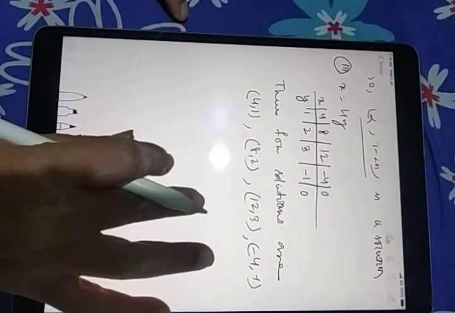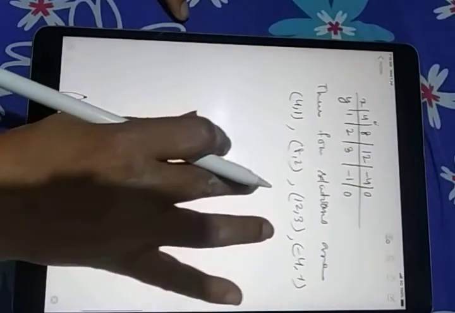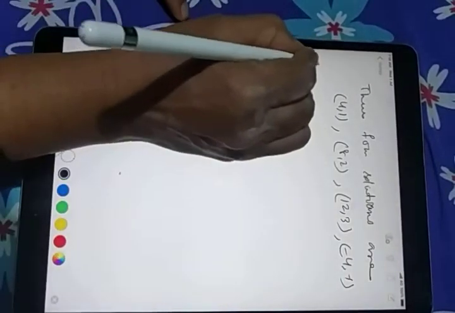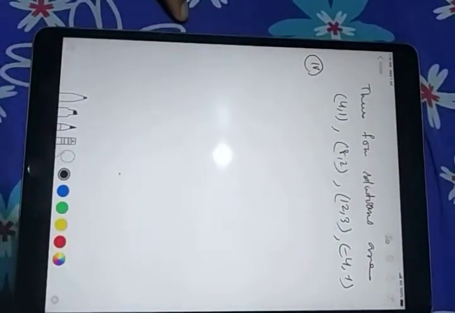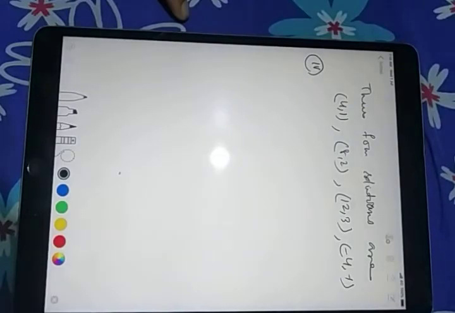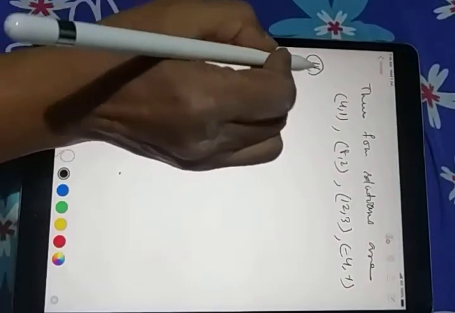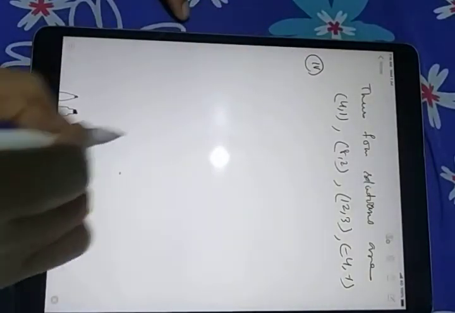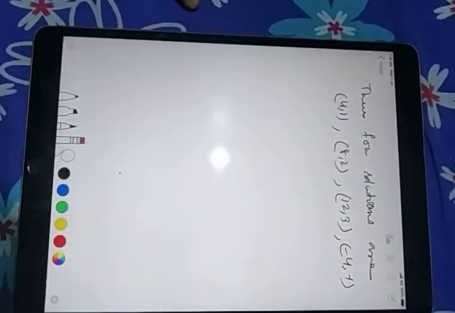This method also you can use. Then fourth part is not there. So now let us solve question number 3 of the same exercise.